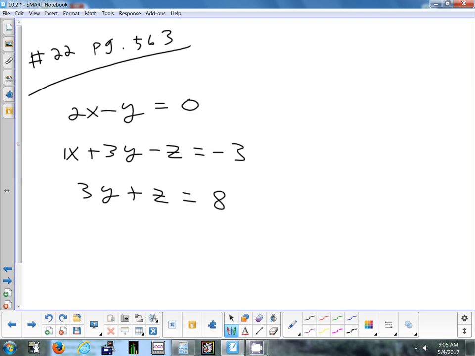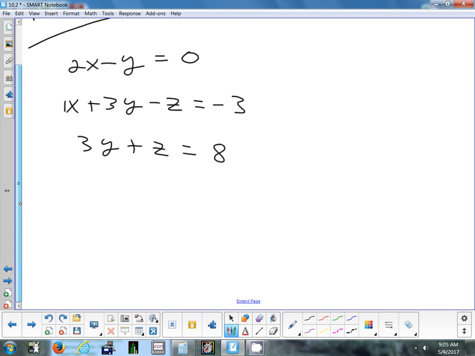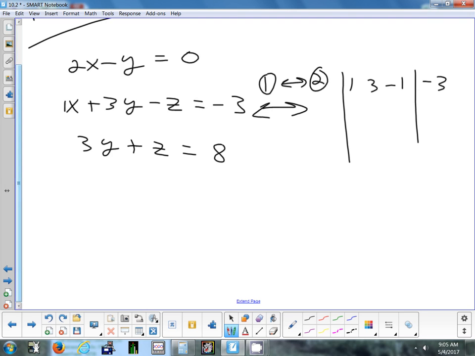Yeah. Okay. So to write a swap, we're going to write it like this. Put an arrow, and we'll just say take row 1, take row 2, and we're going to store them in each other. We're going to swap them. So that's going to give me 1, 3, -1, -3. Let me get rid of this line because that looks confusing.